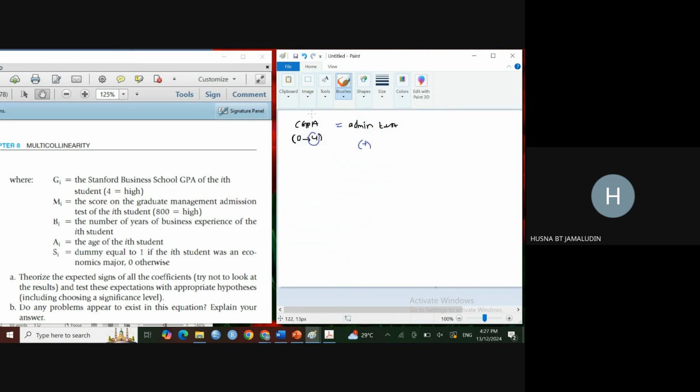So how about the next one? The number of years of business experience of the students. We are talking about Stanford Business School. Do you think that the number of years of business experience, having experience in business, will affect their CGPA? Do you think that it has an effect?